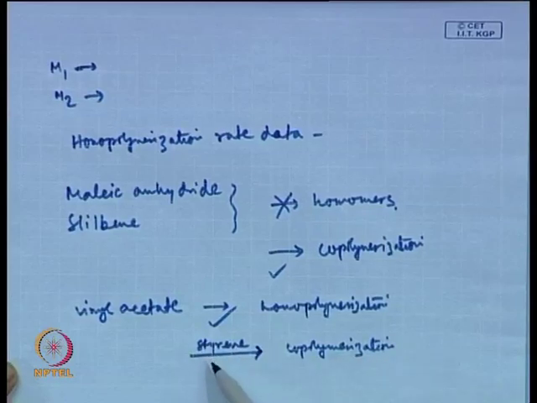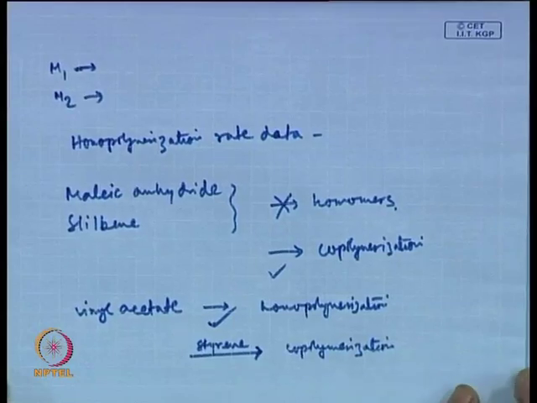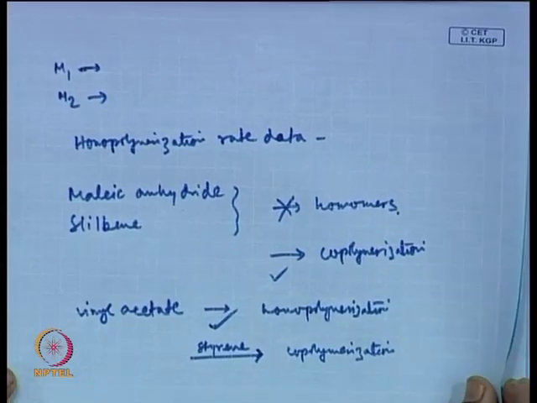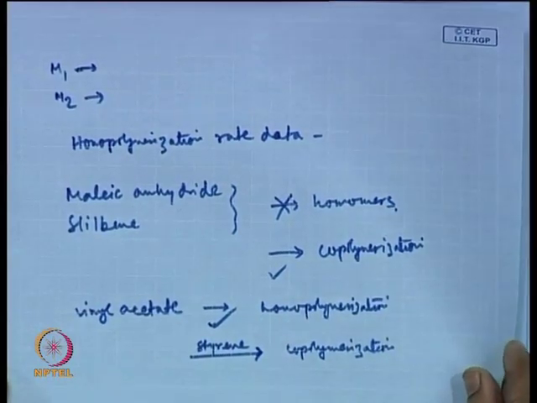So, as long as styrene is present, vinyl acetate will only form copolymer, and only after styrene is consumed from the reaction medium does it form homopolymer. So, the homopolymer rate data for these individual monomers is of very little significance and not very useful when we discuss our copolymerization reaction.